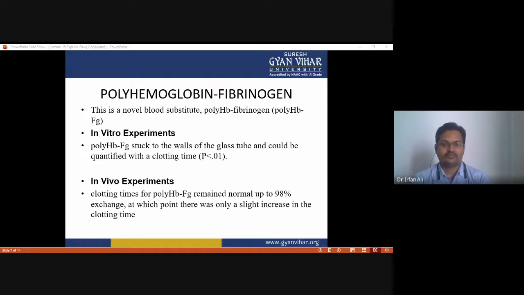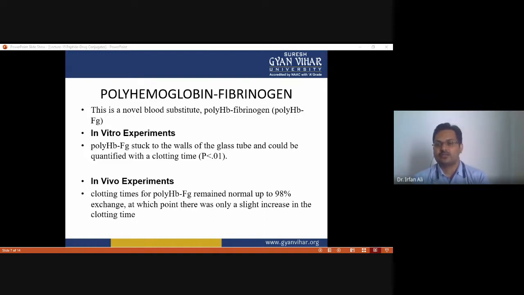polyhemoglobin-fibrinogen complex. So the in vitro experiment shows that glass tubes were prepared with 250 microliter or 400 microliter of blood substitute, and 250 microliter of fresh blood was added to the 250 microliter of blood substitute, and 100 microliter of fresh blood was added to the 400 microliter of blood substitute, and the timing was started when the fresh blood was added.